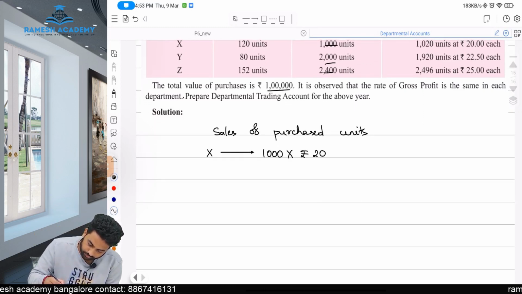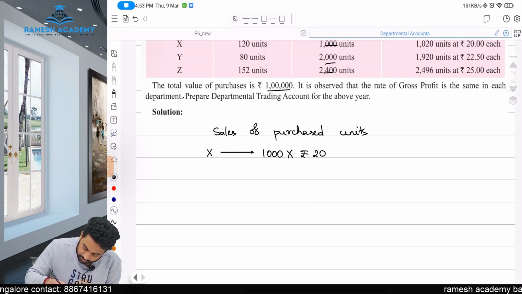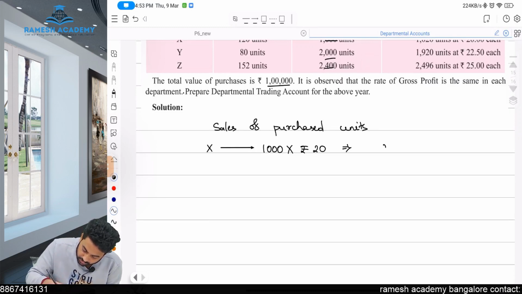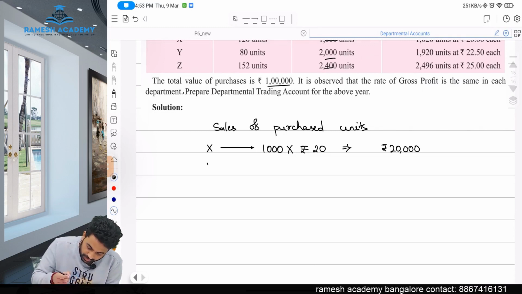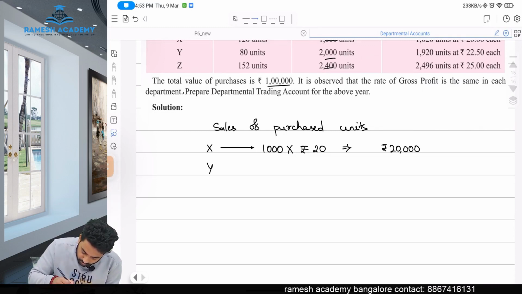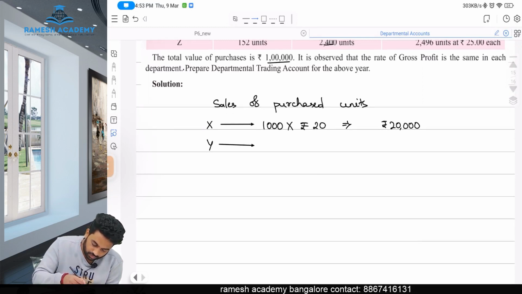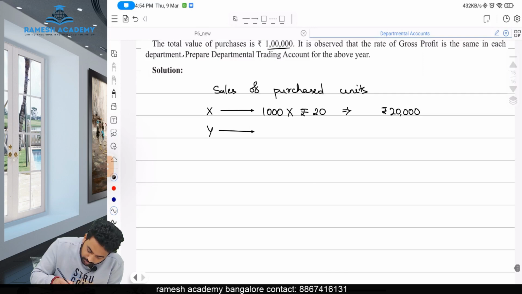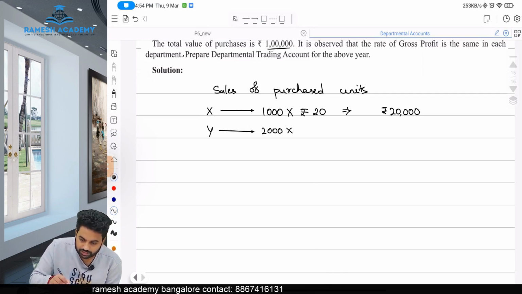Now how much it is, sir? 1000 into rupees 20 will come to rupees 20,000. Okay. Y it is now. For Y, how many units are purchased, sir? 2000 units are purchased.